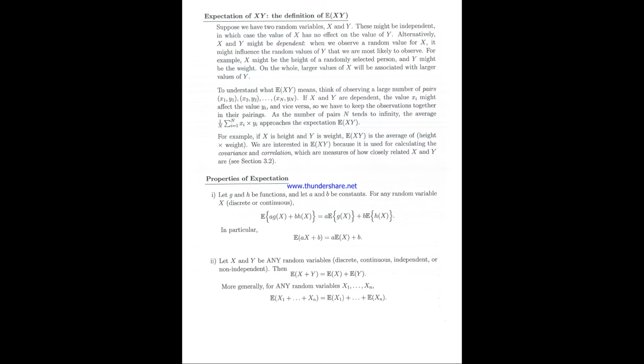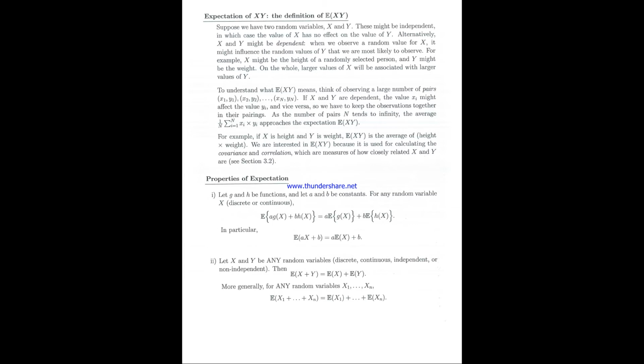On the other hand, sometimes x and y can be dependent, that is, when we observe a value for the random variable x, it might influence the random variable y also. For example, if you take x as the height of a randomly selected person and y as the weight, there is an association between x and y.